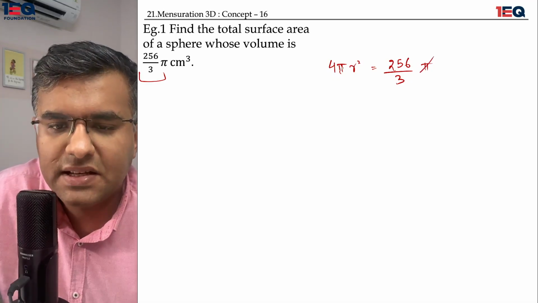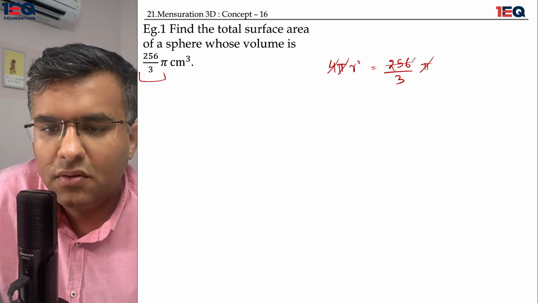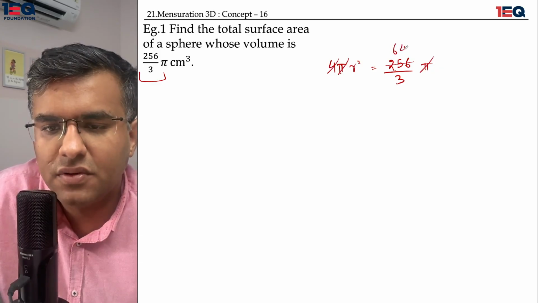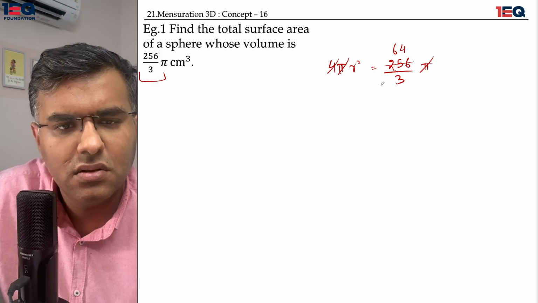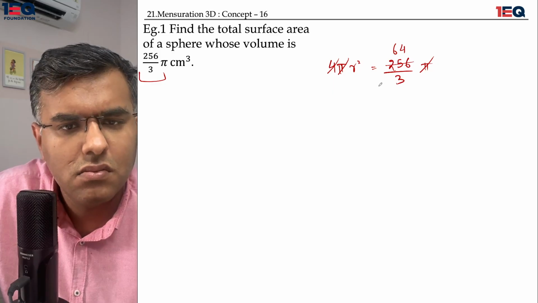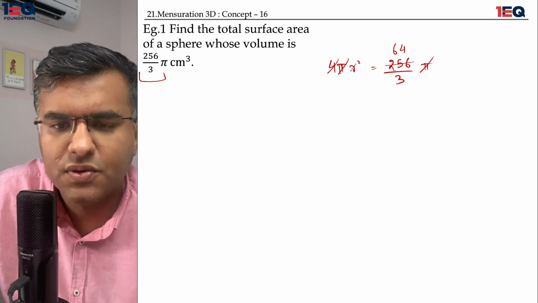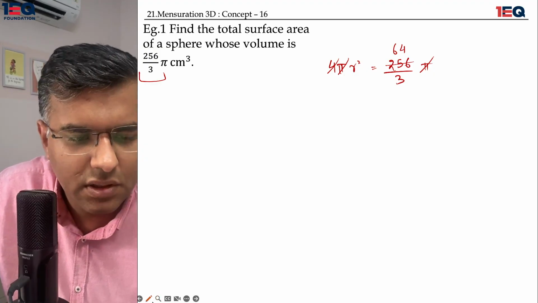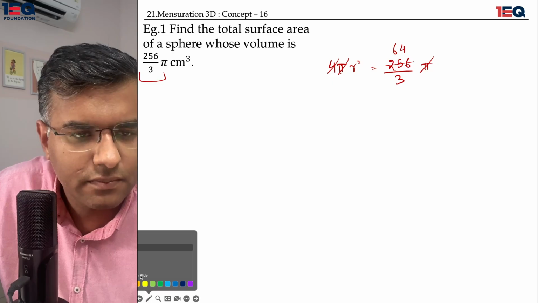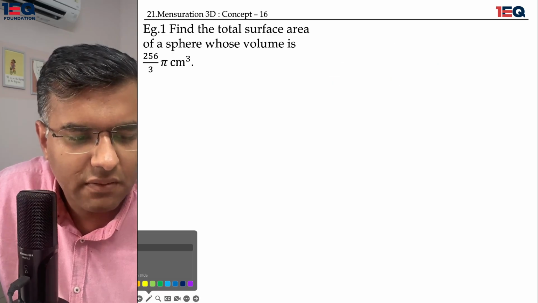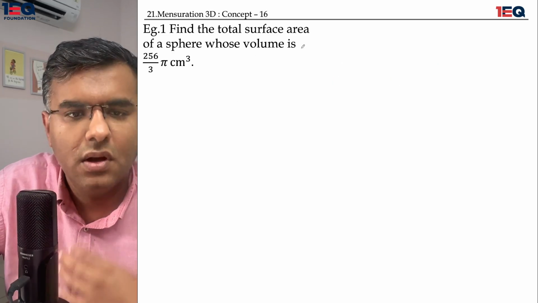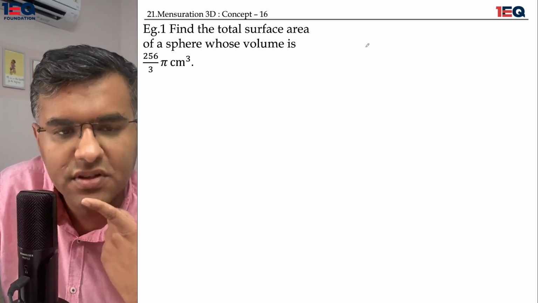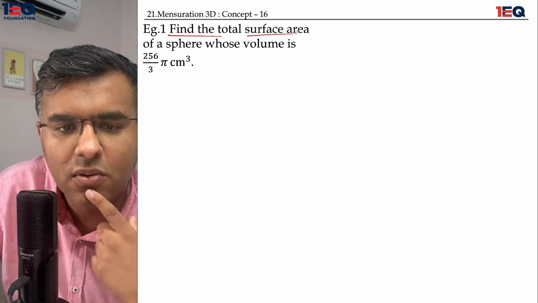The pi gets cancelled away. 4 6s are 24 and 4 4s are 16. Oh, I'm so sorry. We are dealing with volumes, and I was assuming it to be the surface area first. We need to find out the total surface area.